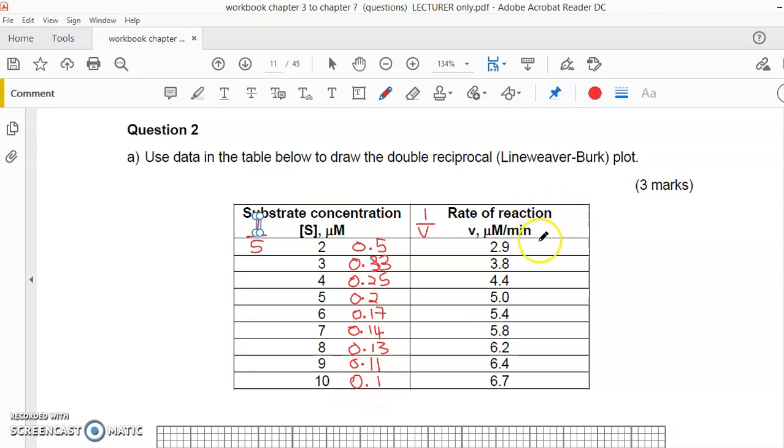So now the value of 1 over V, you can calculate it as 1 over 2.9, equivalent to 0.34. Okay, so I write down the value first.